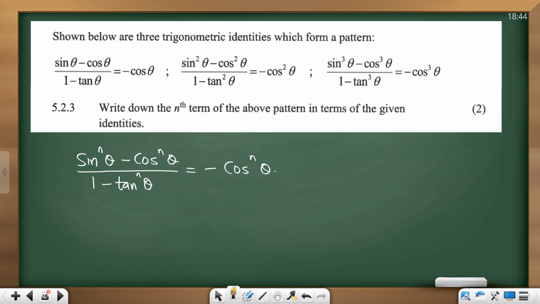So what's the nth term? Just replace all the numbers with n. Talk to me, are we okay? Those of you that were requesting for 5.2.3. They said in terms of the given identities. And that's it.